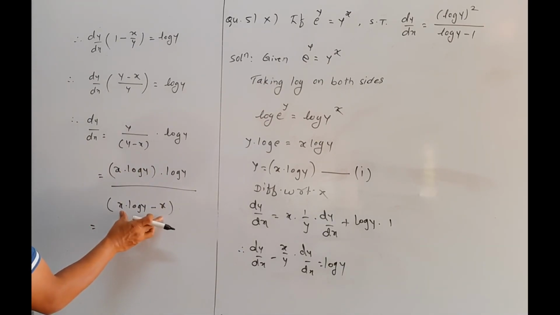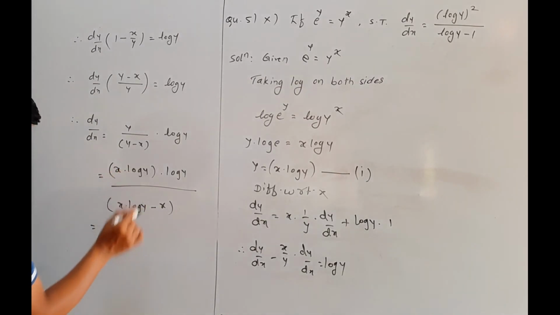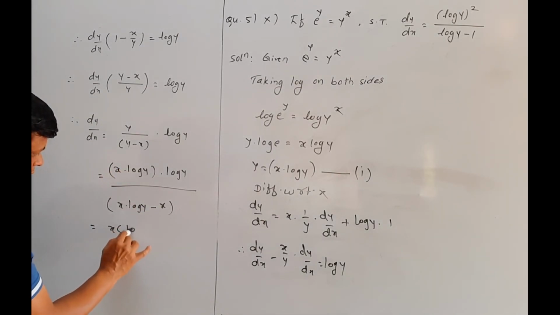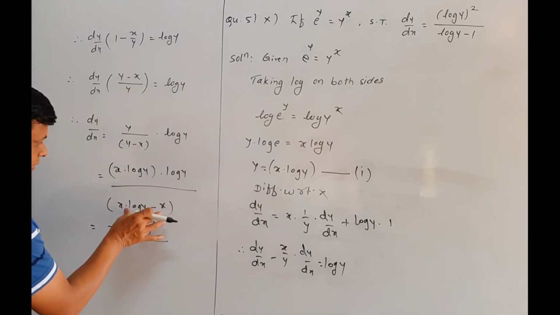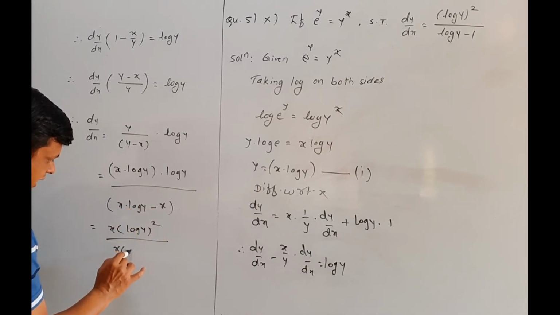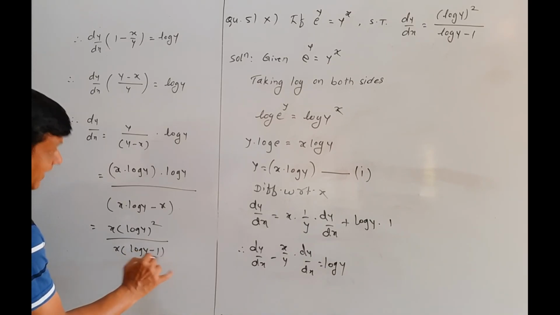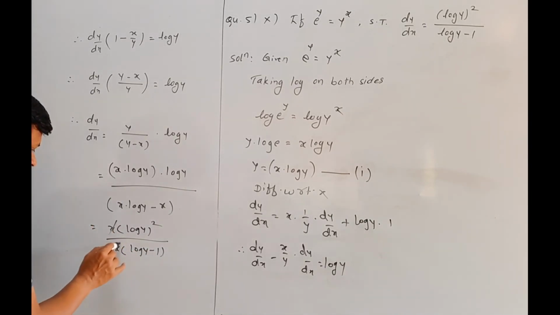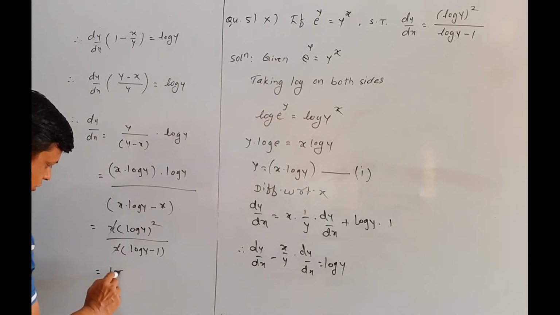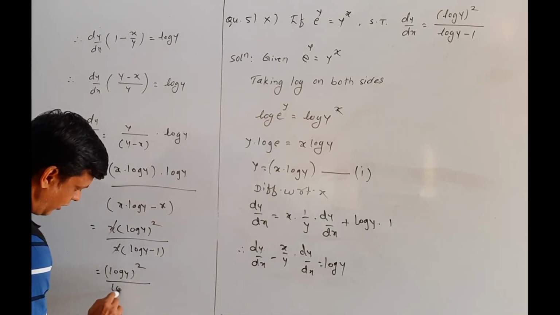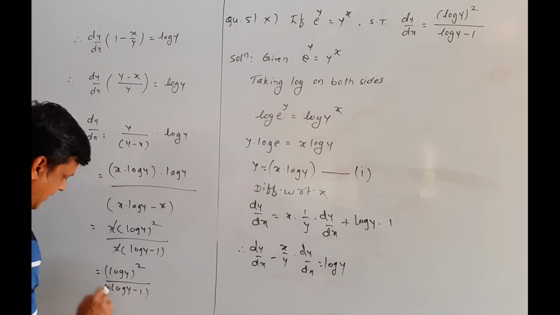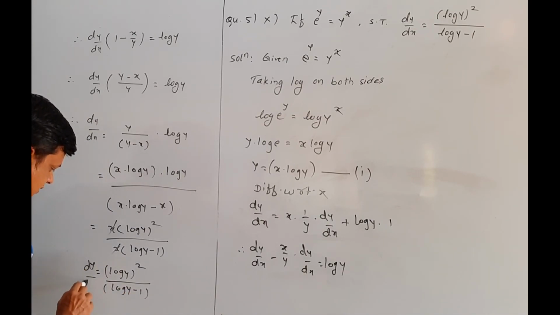So we take x common from the denominator. In the numerator we get x into log y into log y. We write (log y) squared upon, we take x common, so write x in bracket (log y minus 1). So this x gets cancelled. We get (log y) squared upon (log y minus 1) as dy by dx.